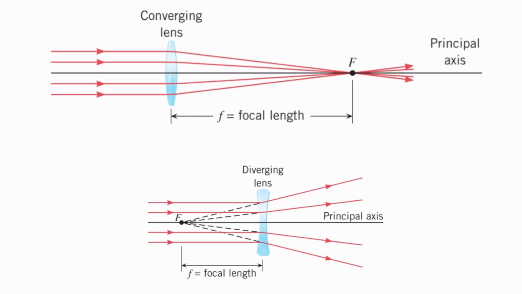A lens is either going to be a converging lens, when the outside of it bows out on both sides. You can call it a biconvex or a dual convex lens, right? Both sides of the lens are curving outwards. That's called a converging lens. That's the picture at the top.